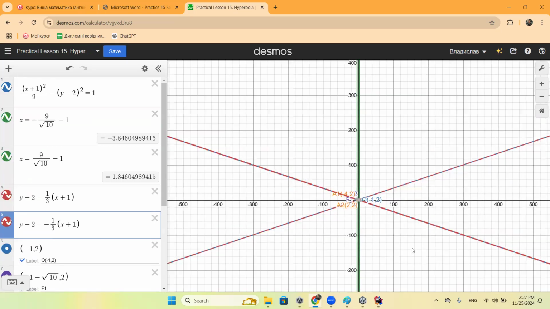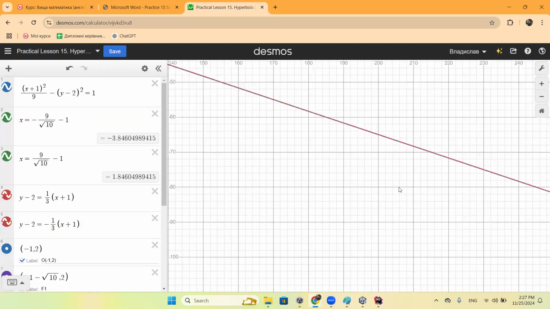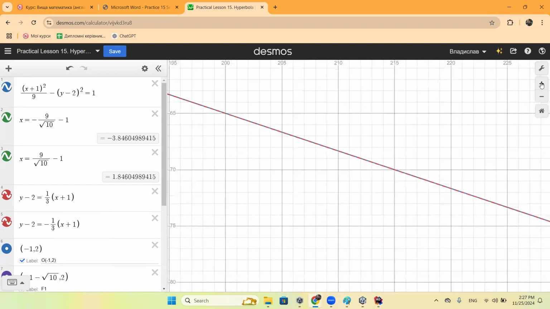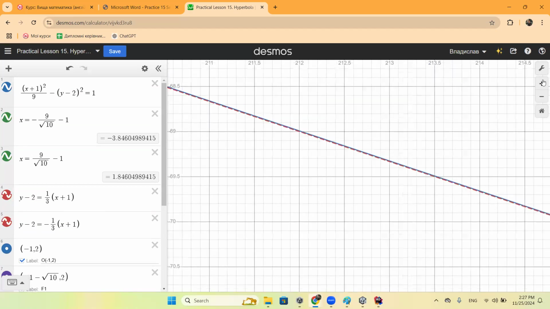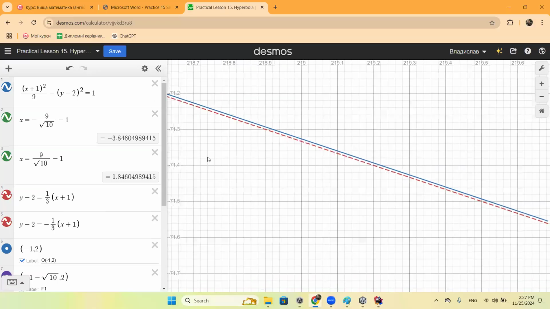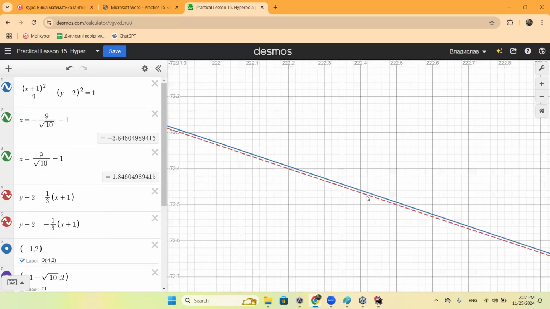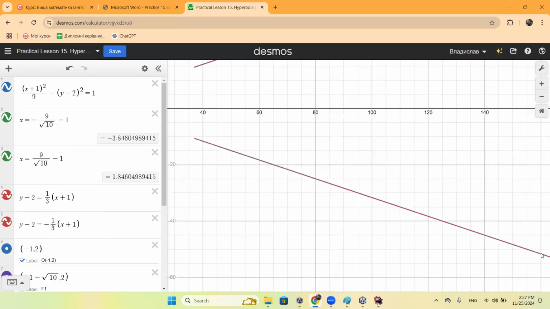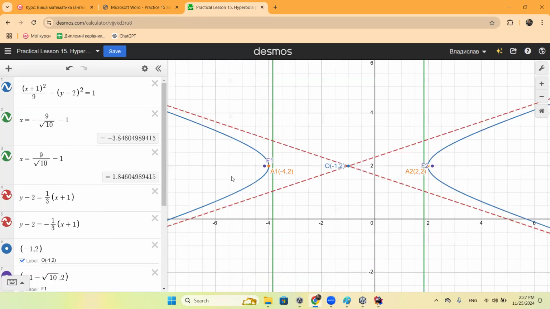If I zoom in further, we can always see that the graph of the hyperbola doesn't touch the asymptotes, but always moves toward them. Any questions about this task?